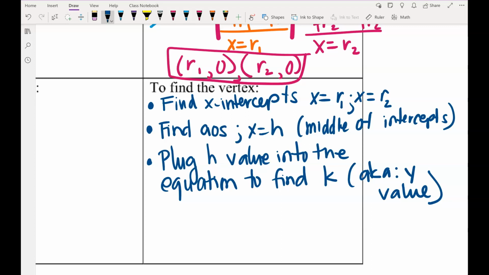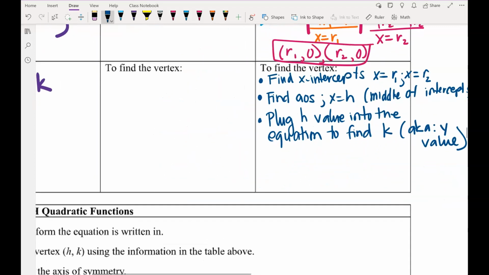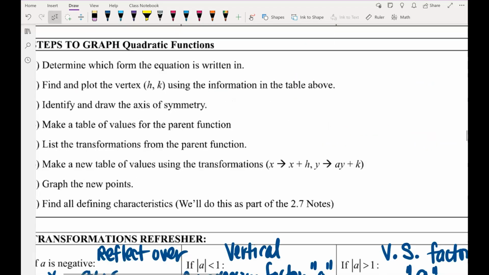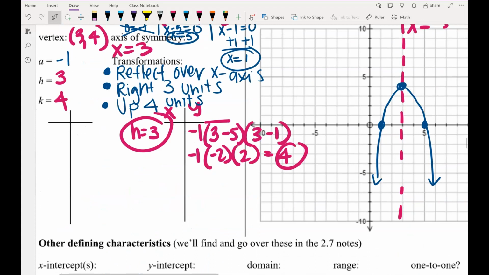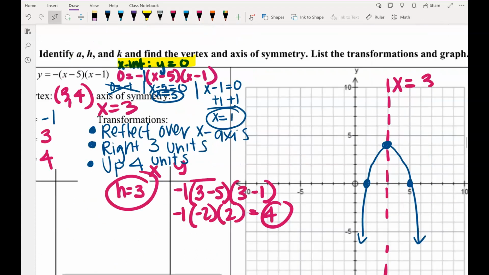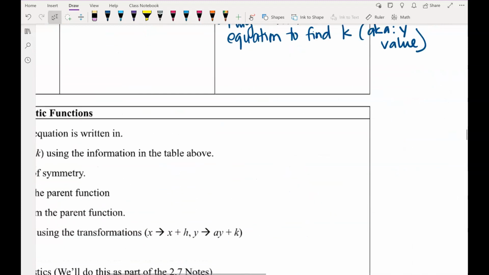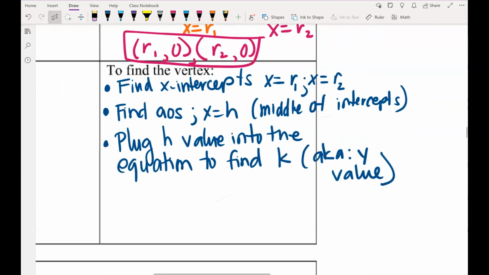Yeah, it is totally in standard form. So it's not exactly the same as your factor form here. Am I going too fast? Where do you want me to go? Right here? Okay, for sure.